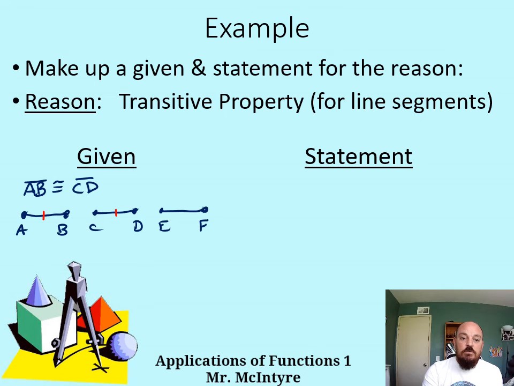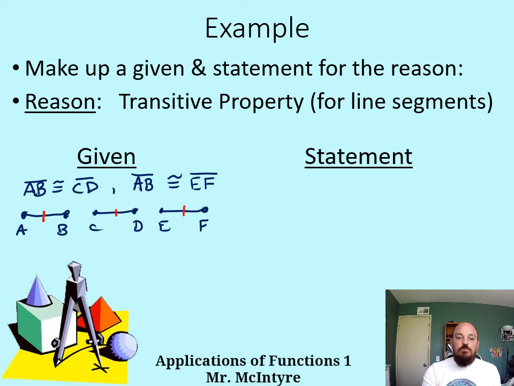And then I'm also going to say, well, let's say AB, the same as the first one, is also congruent to EF. Meaning, and I already have a marker on AB here, it's congruent to EF. So basically what I'm saying is all three of them are equal.